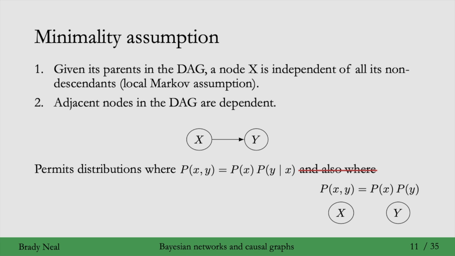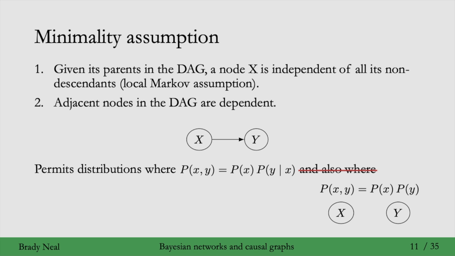So if we were just using the local Markov assumption, then we could represent this fully factorized distribution using either the graph where it's x and y and there's no edge, or using the graph where it's x and y and they're connected with an edge. Both of those would be graphs that this distribution is Markov with respect to. This distribution satisfies the local Markov assumption with respect to both of those graphs.